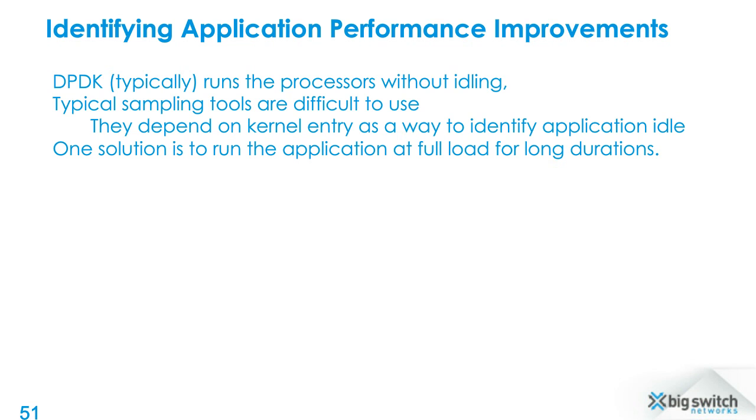Typical tools that we have for doing analysis of applications depend on having the application identify when it's idle, so that those spans of idle time are not part of the measured process of the application. One solution is then to run the application at 100% and take the measurements, but that's really not a great solution. We're still looking at various ways of dealing with the performance measurement aspects of DPDK applications.